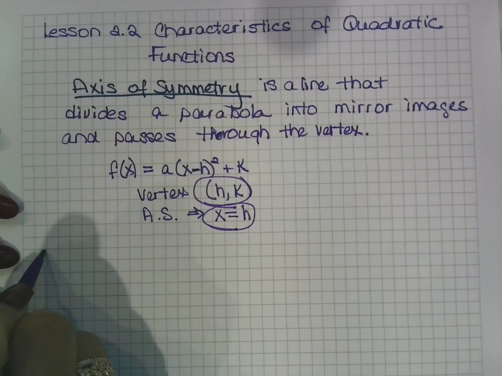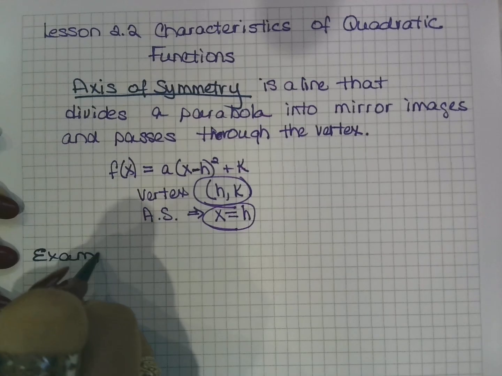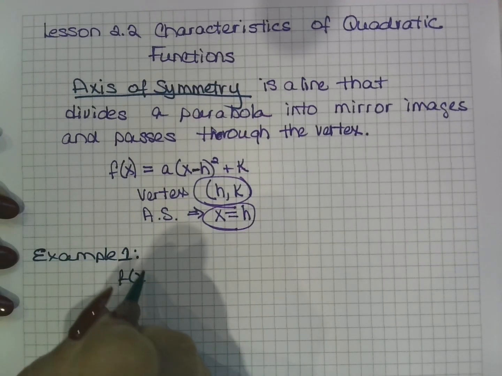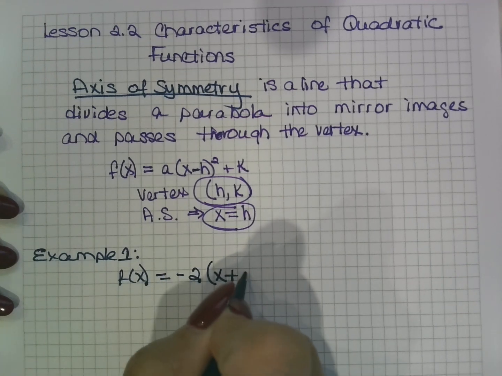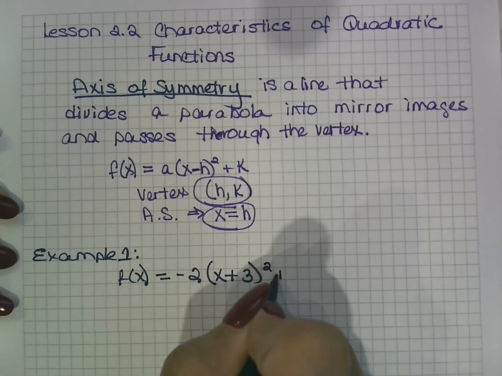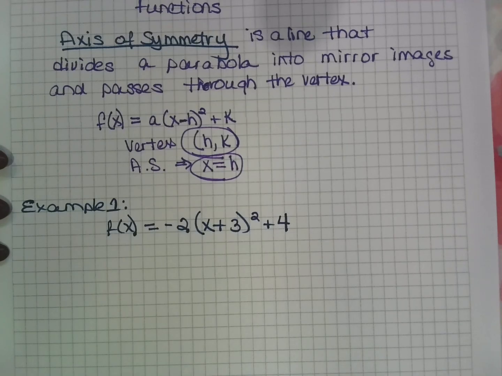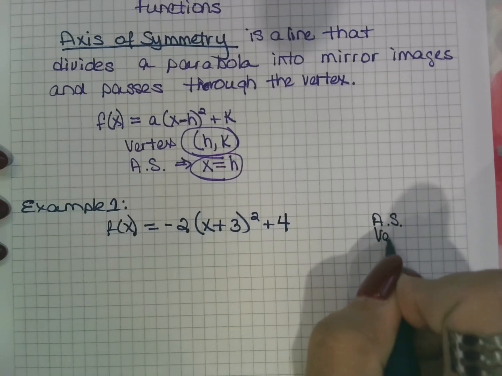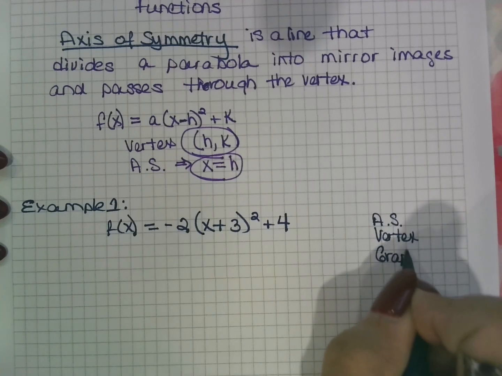So let's take a look at an example. Example 1. And here we have f of x equals negative 2 times x plus 3 squared plus 4. And what I want you to do here is tell me what the axis of symmetry is, what the vertex is, and I want you to graph the function.